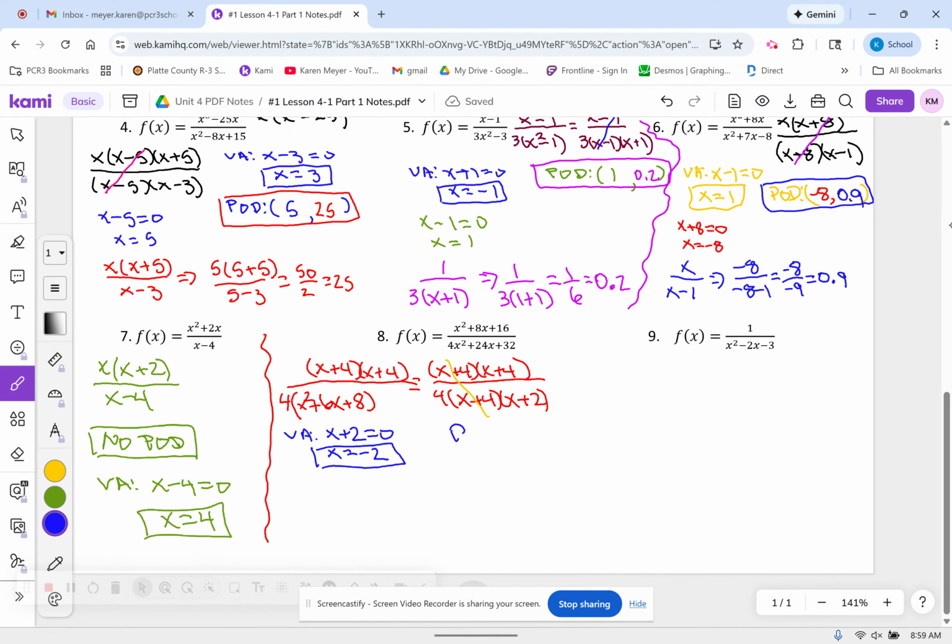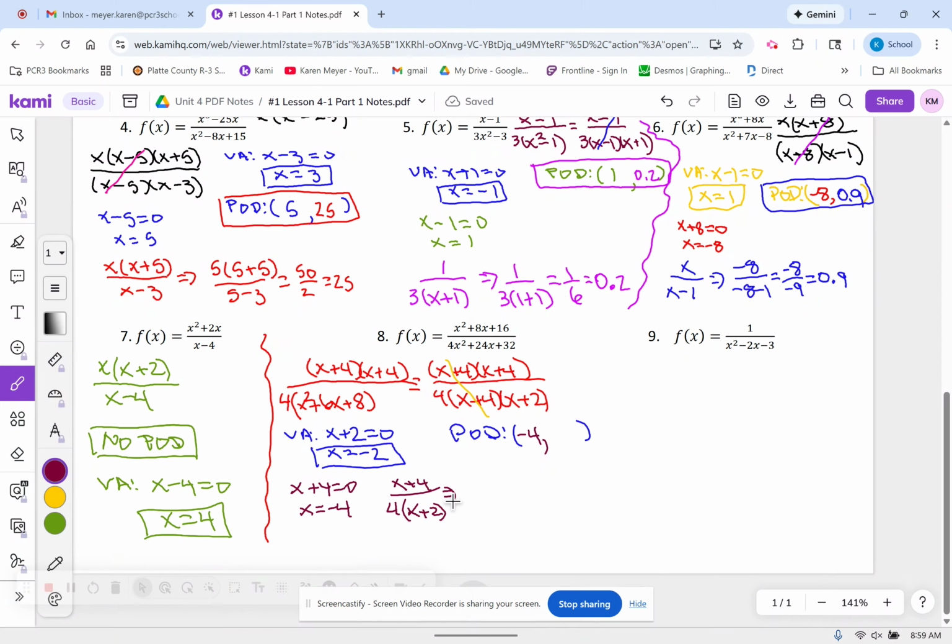Now my POD. Okay, what canceled out? Well, let's see, that was x plus 4. So x plus 4 equals 0. So x equals -4. So that's the x value of my POD. So what did I have left on my fraction? I had x plus 4 over 4 parentheses x plus 2.